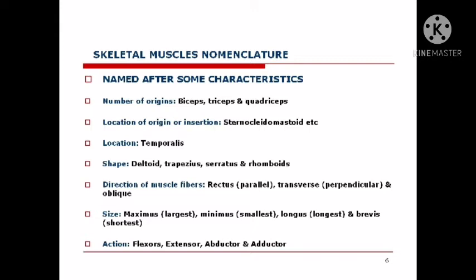In the slide it is written: named after some characteristics. Some characteristics means a few features due to which the muscle nomenclature has been made, and this nomenclature we will use in our gross anatomy study of the human body.